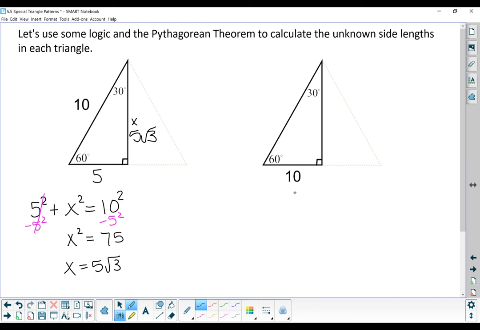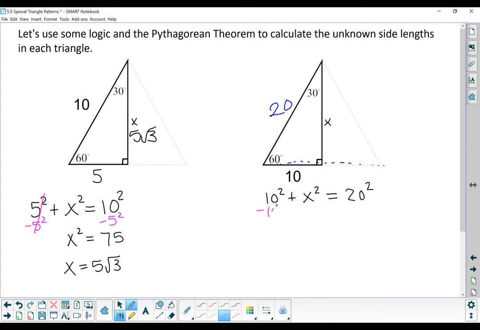Here's another triangle. It has a short leg of length 10. So that means the hypotenuse, because this was half of the side of the equilateral triangle, must be 20. If we did the Pythagorean theorem, this would be 10 squared plus the other leg squared is equal to the hypotenuse squared.